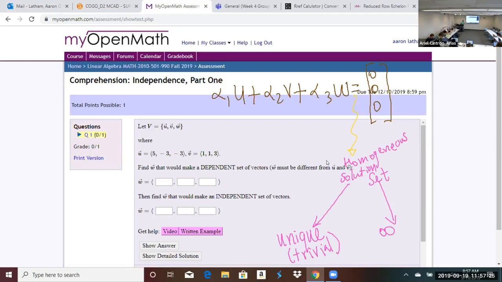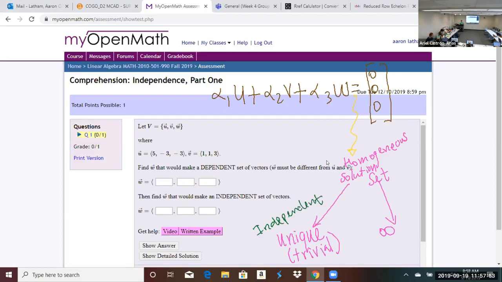Either it has one solution only, in which case all variables, alphas or x's, are 0, or there are free variables and dependent variables, and there are infinitely many solutions. If we are in the uniqueness scenario, this would be considered independent.